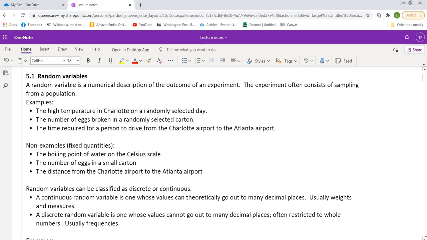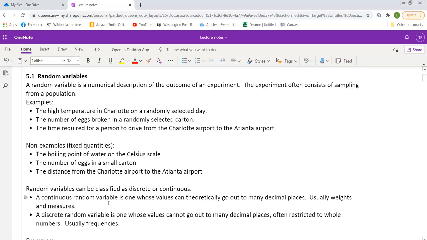It's important to be able to classify random variables by whether they are discrete, and that's discrete with an E-T-E, or continuous. This discrete means separate. A continuous random variable is one where if you had an accurate enough measuring device, the values could go out to many, many, many decimal places. We usually don't record them to that many decimal places, but these are usually weights and measures.